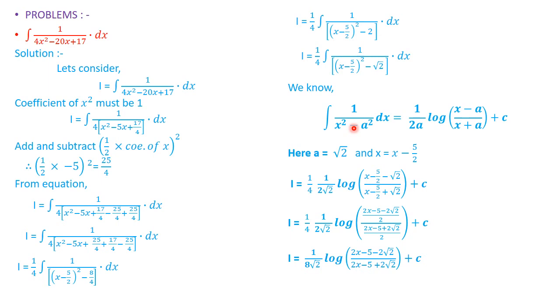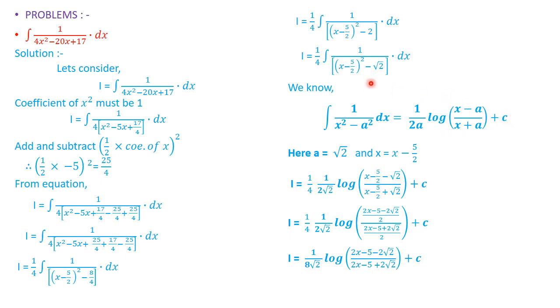And it is free from square root, no? So see, there is the result. Integration of 1 by x square minus a square dx is equal to 1 by 2a log of, if here negative sign for this a, x is positive, x minus a upon x plus a plus c.